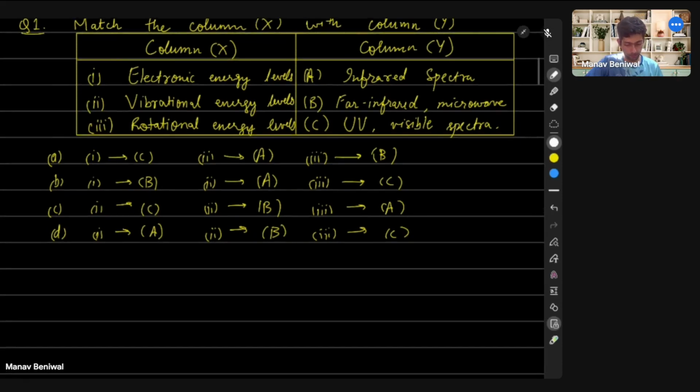So we will start off with noting that the energy of electronic levels is roughly of the order of 10 eV.